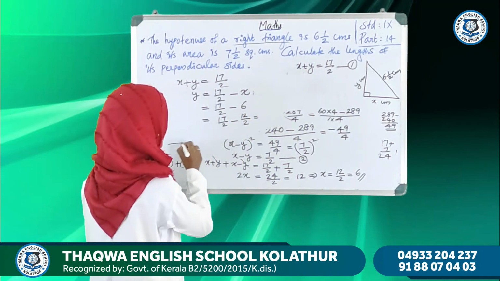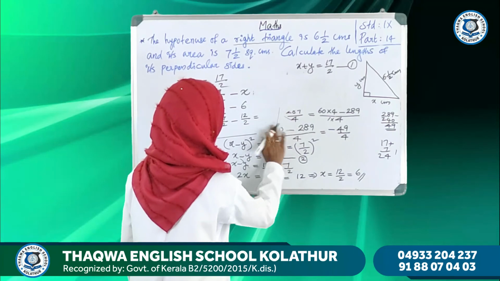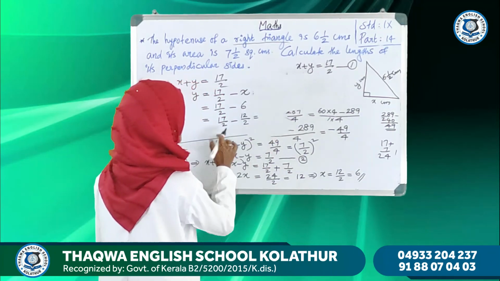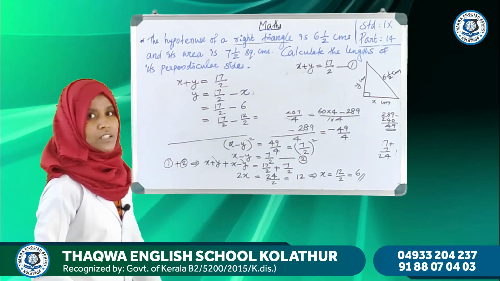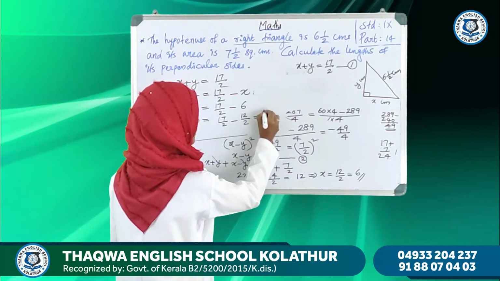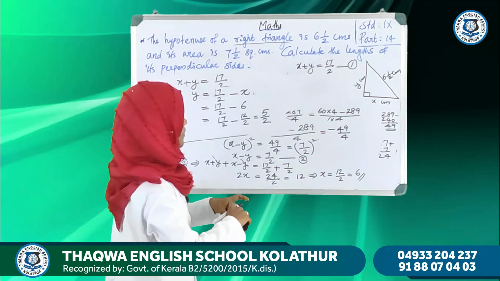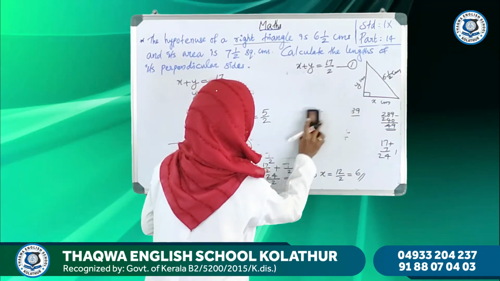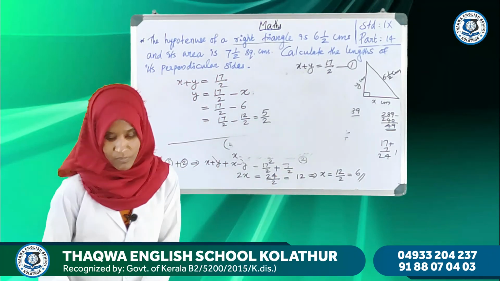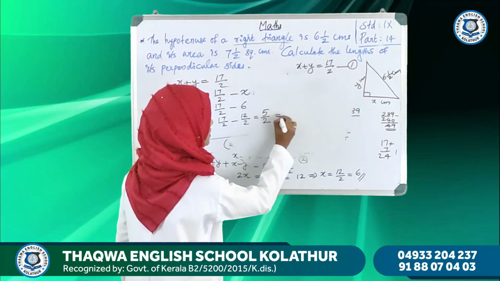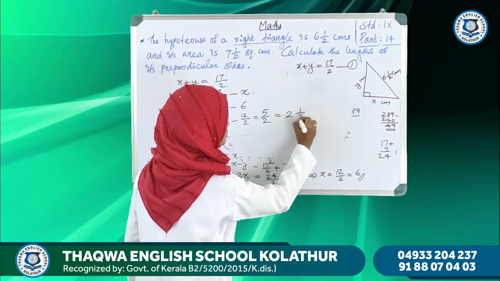That is 17 minus 12, 5. So 5 by 2. Or this is 5 by 2 is 2, 1 by 2.